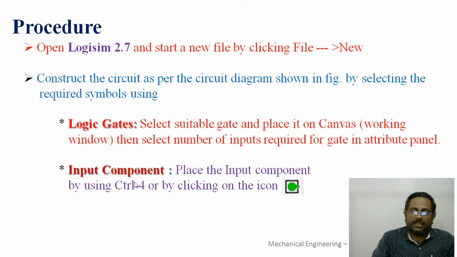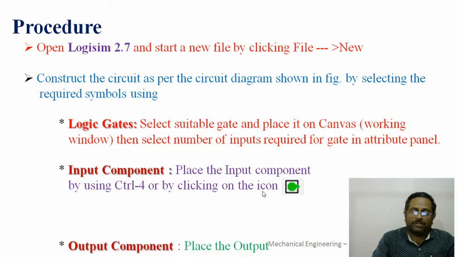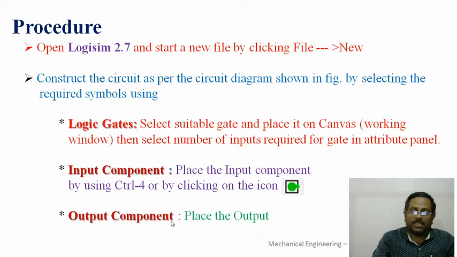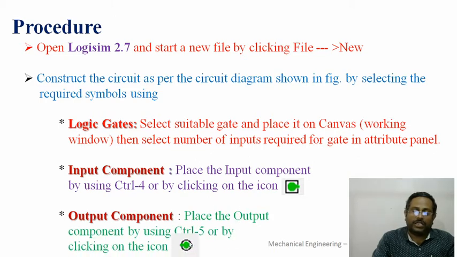After placing the input component, we have to place the output component. This can also be placed by using Control 5 or by clicking on the icon shown here. This icon is available in the toolbar after the input component icon.